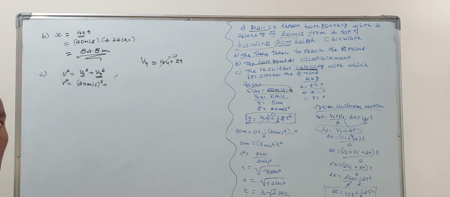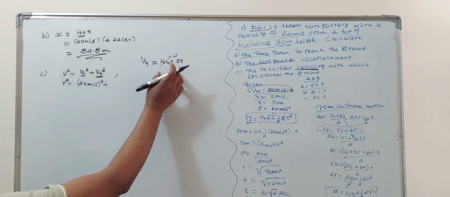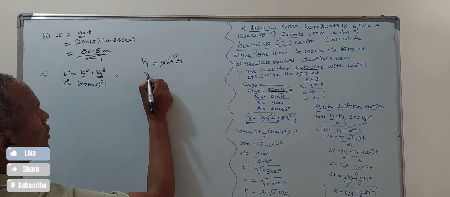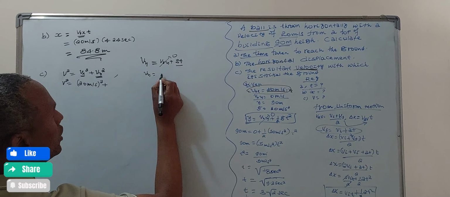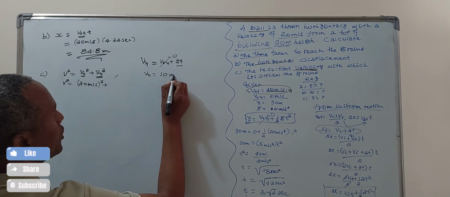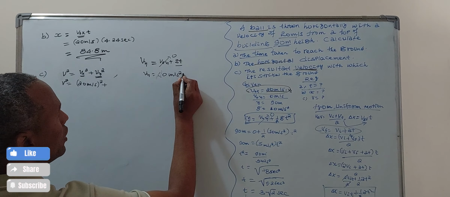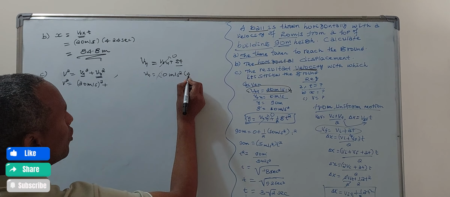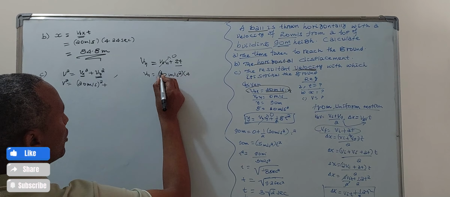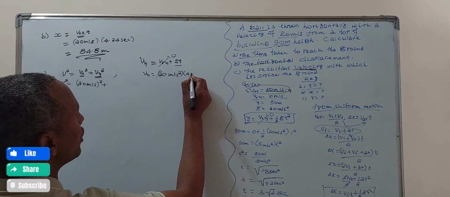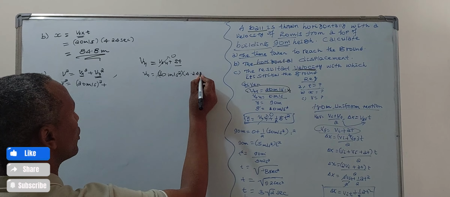So vy is equal to g, which is 10 meters per second squared, times time, 4.24 seconds.